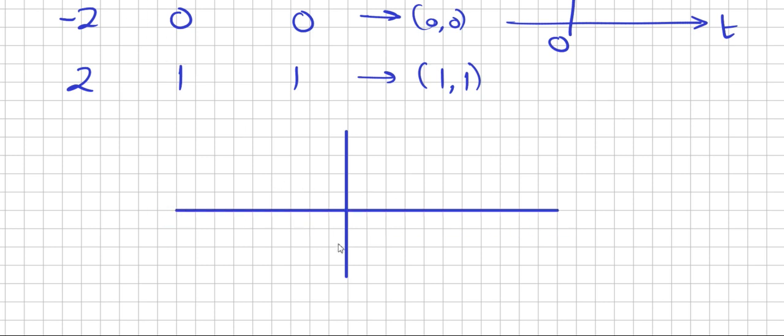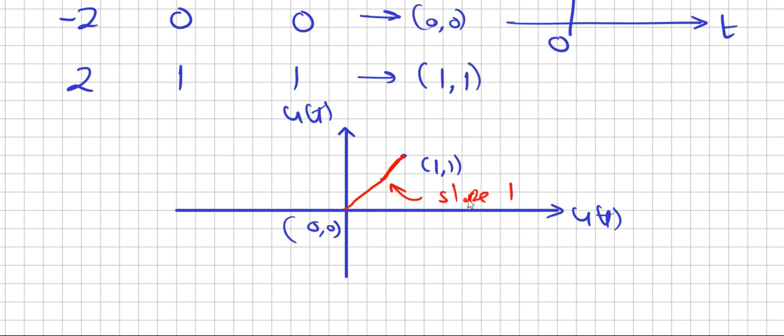The x-axis is u of t, the y-axis is u of t, and the coordinates are 0, 0 and 1, 1. Just join these, and you will get your correlogram. This is the correlogram, a straight line having slope 1, because we have plotted two same signals, u of t and u of t.